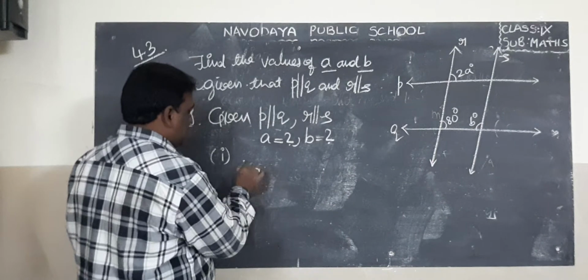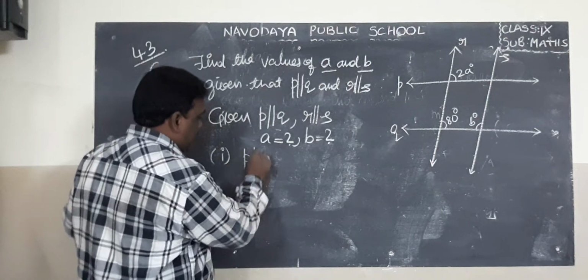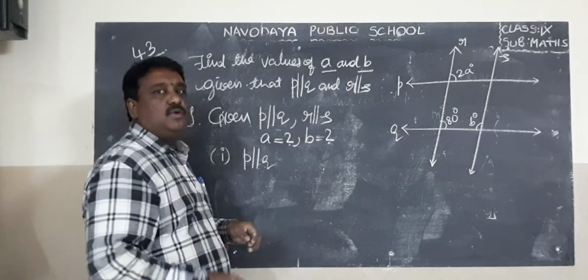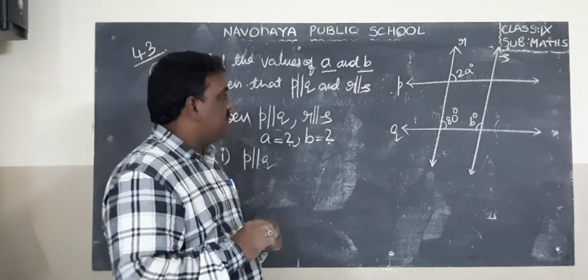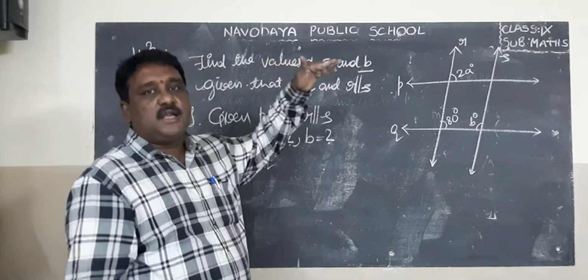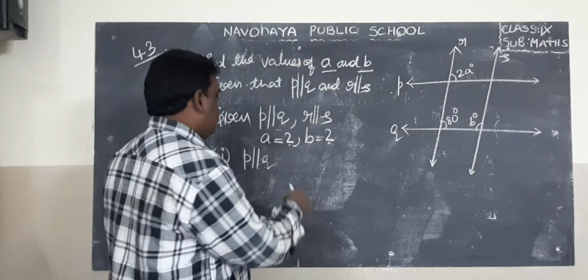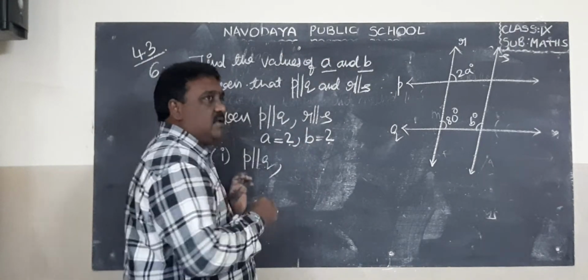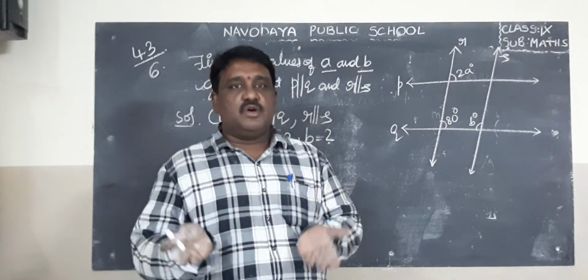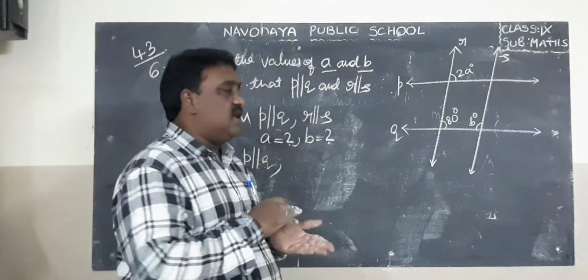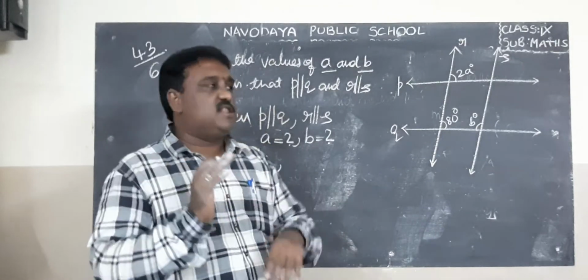Okay, now use it. First condition, P parallel to Q. Small p is a straight line. Small q is a straight line. They are parallel to each other. Then think about transversal. So when 2 parallel lines are there, always think about transversal.